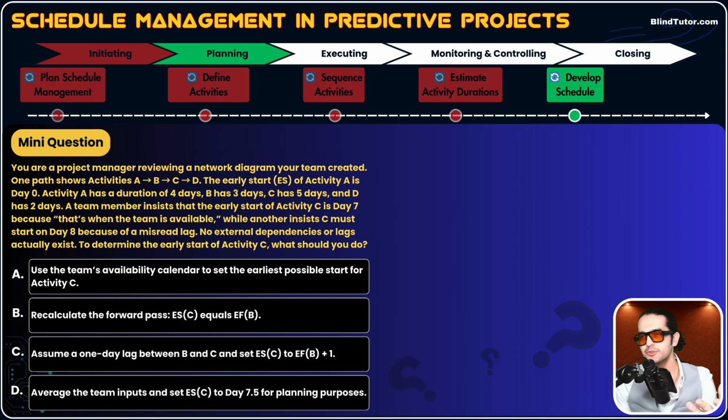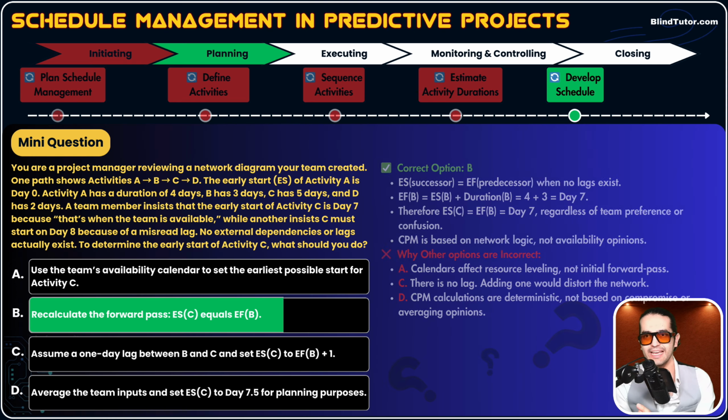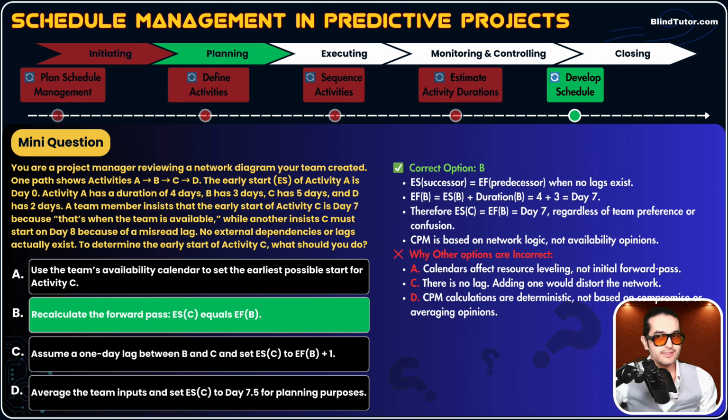Do we have lead or lag here, guys? The last two lines say no external dependencies or lags actually exist, so lag is 0. So ES of the current activity, which is activity C, equals EF of activity B. So option B is a correct option, guys.